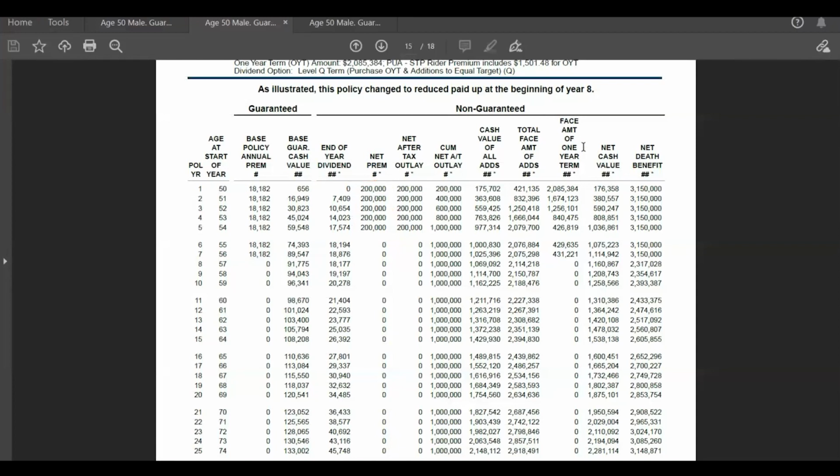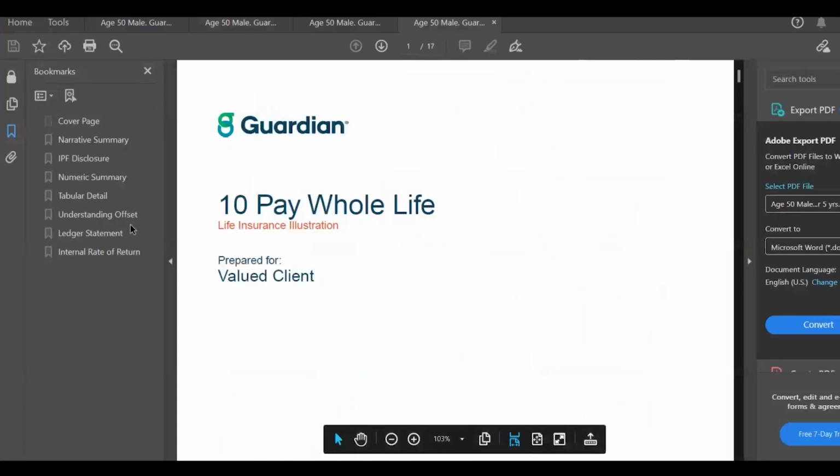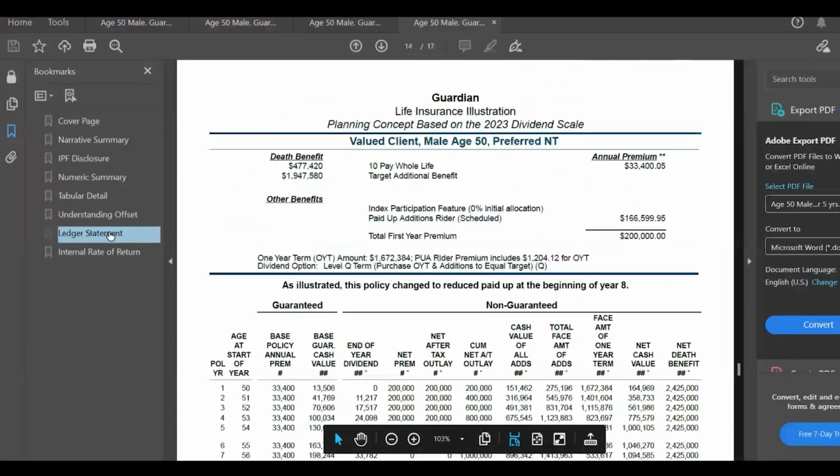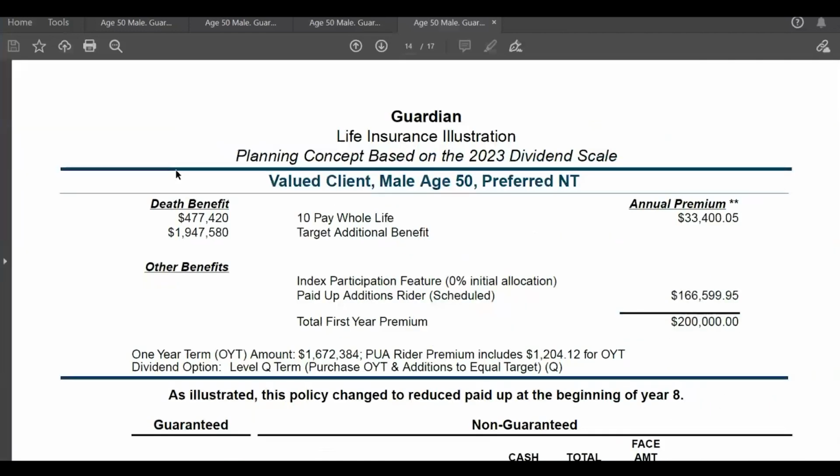The one thing that I will add is we also looked at another product here for him, a 10-pay policy, which is not for everyone. It definitely has some serious potential from a long-term cash value growth standpoint, and death benefit for that matter.